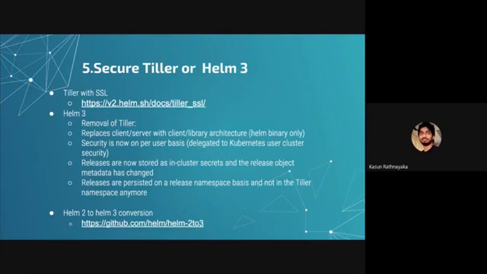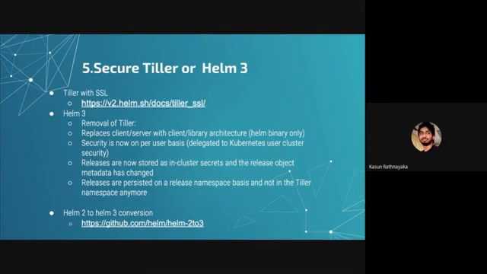It removes Tiller, replaces the client-server with a client library architecture, is more secure with user-based security, and also has stored in-cluster certs. The release objects metadata has changed, and releases are persisted on a release namespace basis, not the Tiller namespace. Previously, you would create a namespace and run Tiller in the namespace, and deploy with different namespaces.